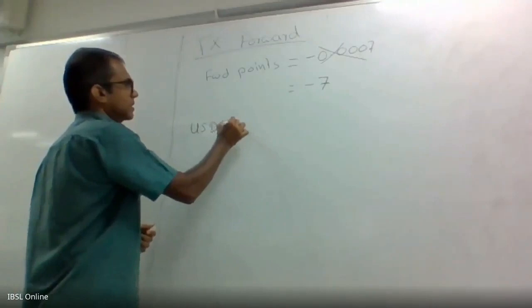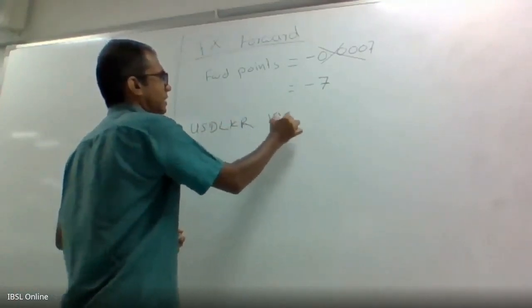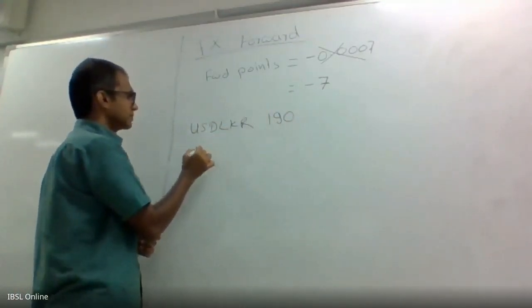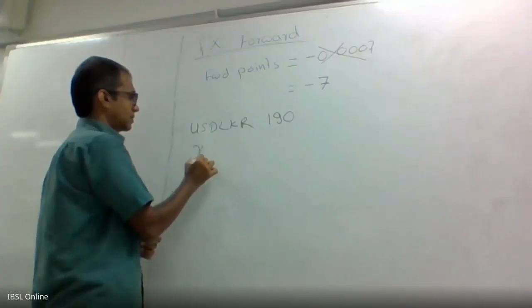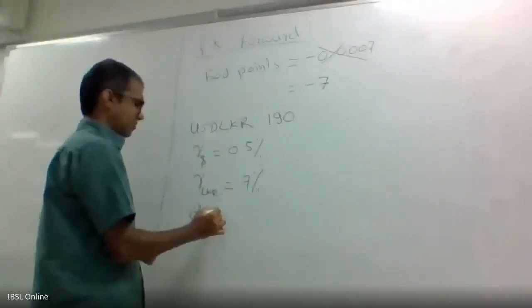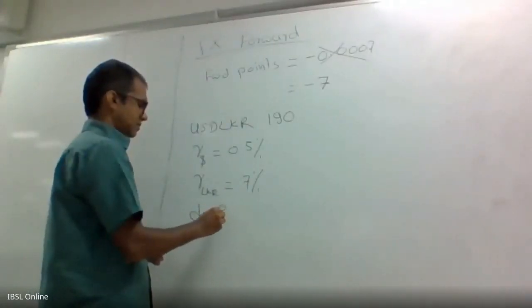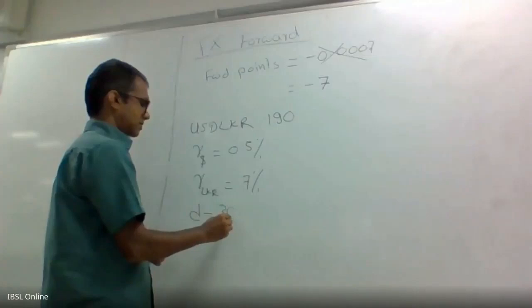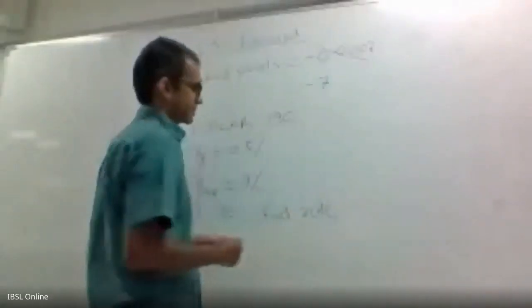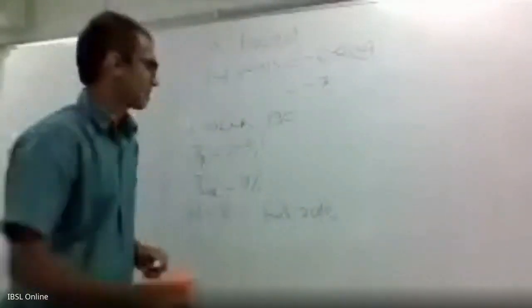Assume USD LKR 190. Counter currency interest 7%, dollar interest 0.5%, number of days 30. Calculate the forward rate.